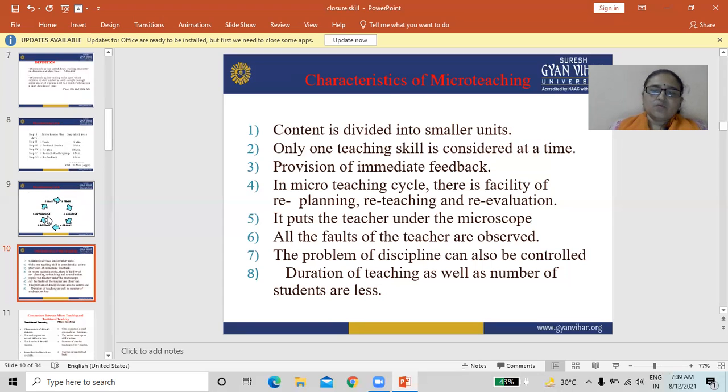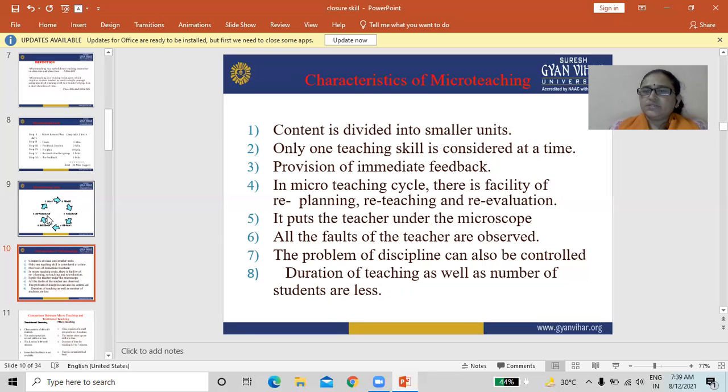All the faults of the teacher are observed. The problem of discipline can also be controlled. Duration of teaching as well as the number of students are less.